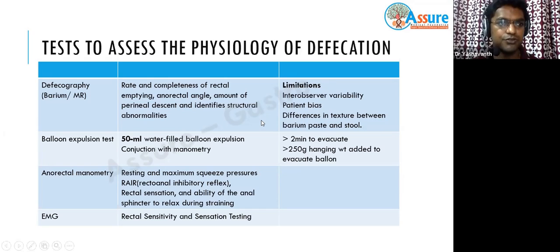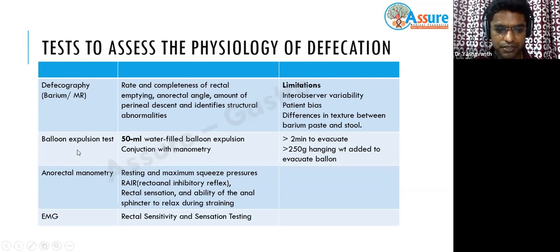The barium should be standardized, but there's no standardization. Some dilute the barium 50%, some might use the barium paste as such. All this will hamper your clinical ability to assess. So MR defecography is advisable.